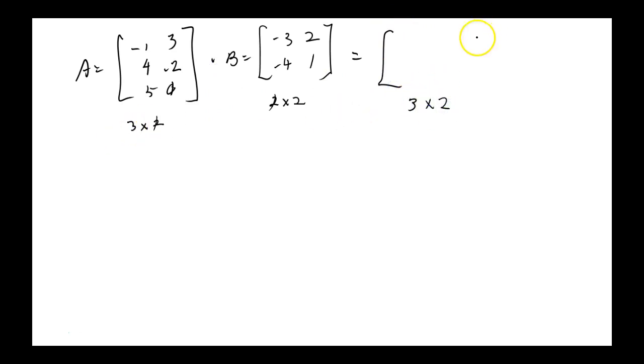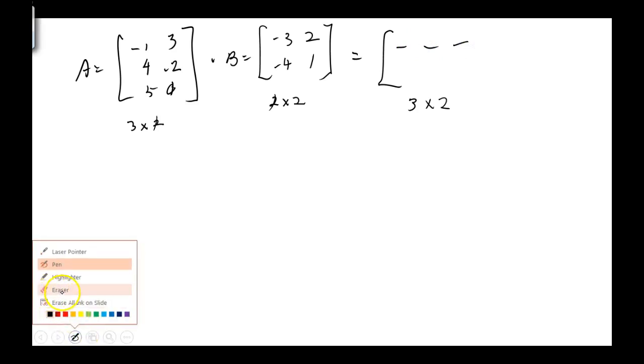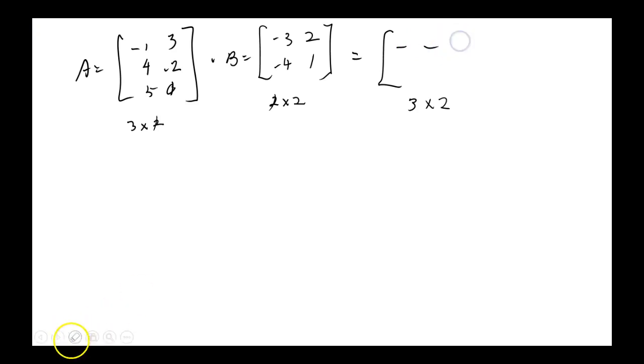So here's what I do. I put in 2 columns and 3 rows. There's your 3 by 2 matrix. Now, and that's your product AB.